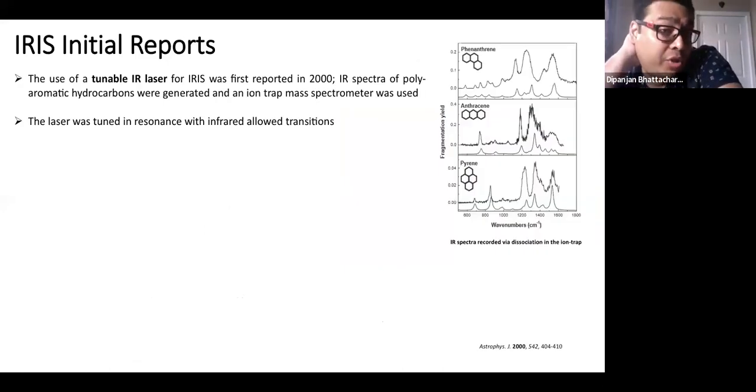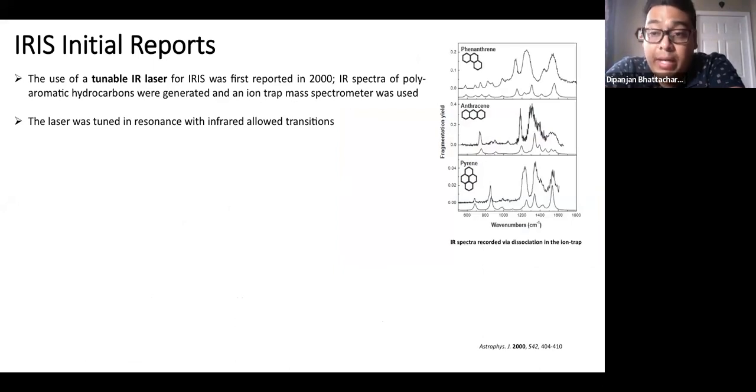Before jumping into metabolomics examples, I'm just going to show you some highlights of this IRIS technique. The first time a tunable IR laser was used was in 2000, where they were acquiring the IR spectra of some hydrocarbons. As you can see in the picture, the smooth black line represents the theoretical spectrum, and the other one is the actual experimental.